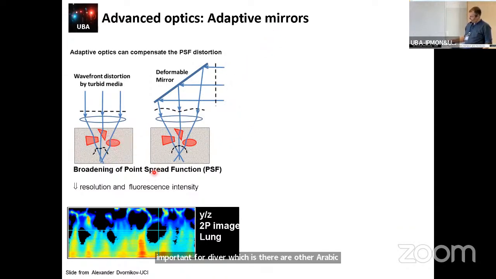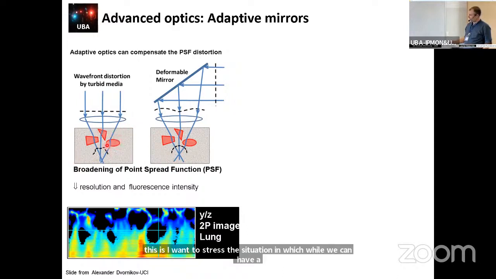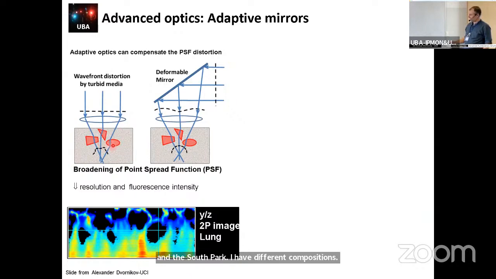To explain more about how this works, I want to stress this situation in which we can have a sample, and the sample can have different compositions, different indices of refraction, etc. And when we focus our light, our wavefront, or let's say how the light propagates along the optics, will be focused. But if the index of refraction changes, you will see that the photons coming from different places in the optic will get different focus, in different positions.